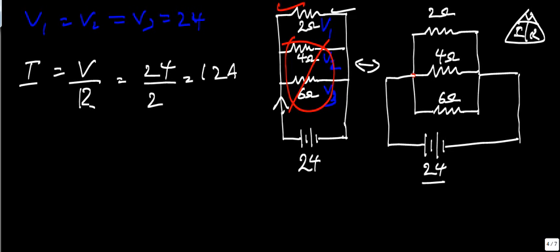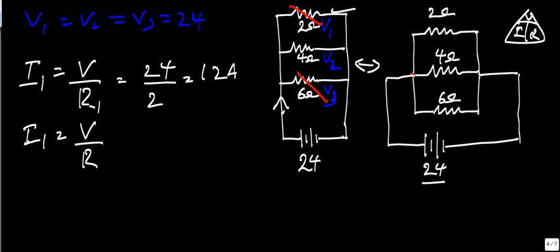Now what about the others? You can find it. This was for the first resistor. While trying to find the current through the second resistor, you will consider the rest of the resistors do not exist. So I will cancel this one and I'll cancel this one. Only 4 ohm remains there. This is I2. It will be equal to V divided by R2, and V is the same, that is 24, and R2 is 4.